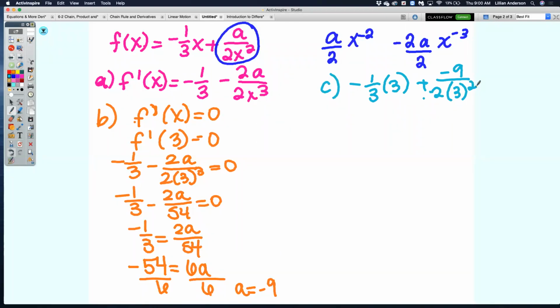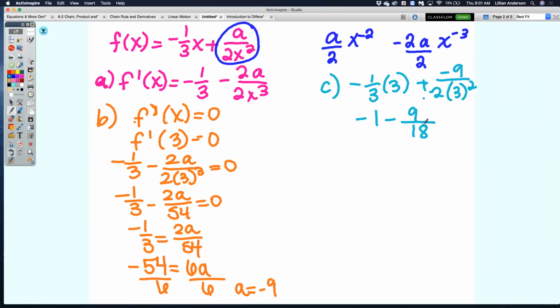So plug in 3. I already plugged in -9 for a because that's what was given to me. This ends up being -1 minus 9 over 3 squared times 2. That's 18. 9 over 18 reduces.